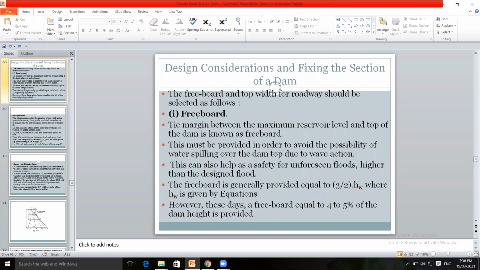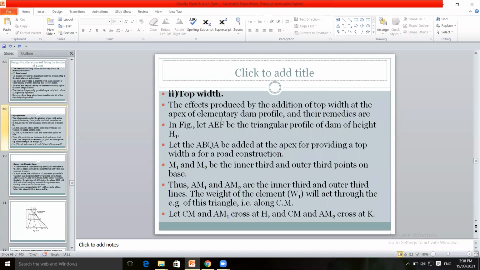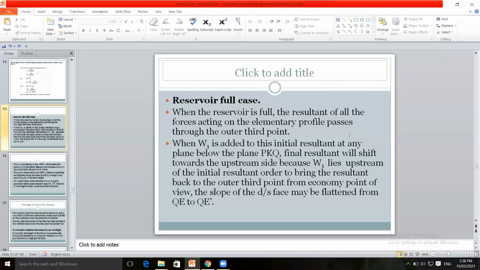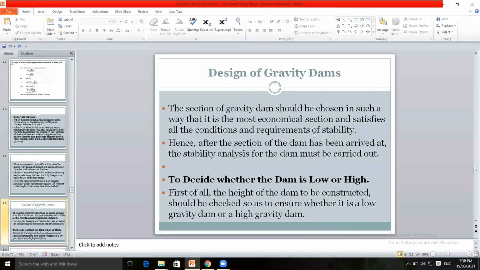By considering these two conditions, freeboard and top width are to be provided in a gravity dam. And fulfilling the conditions of stability, that you have seen, the dam is safe against overturning, sliding, crushing, and tension failure.